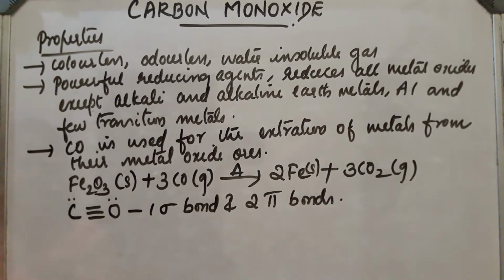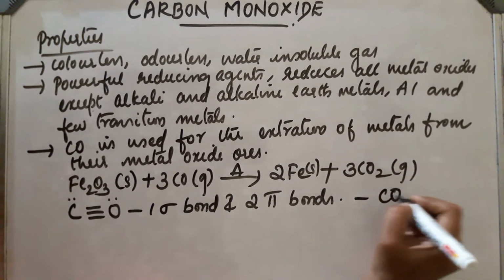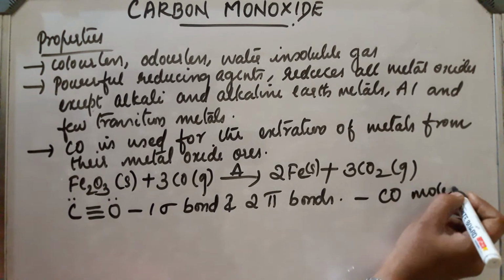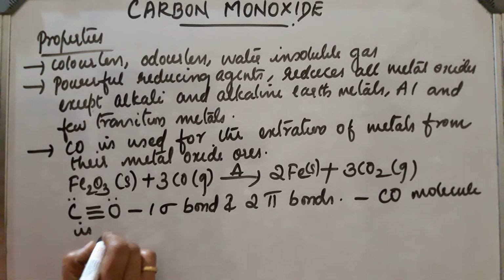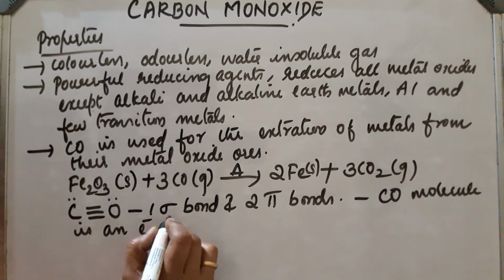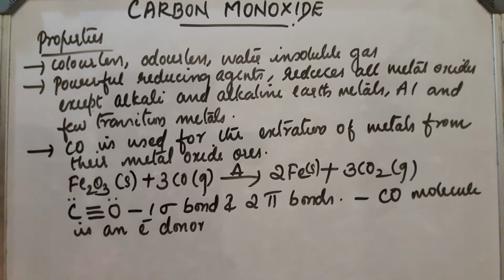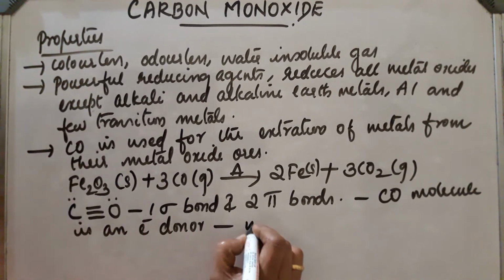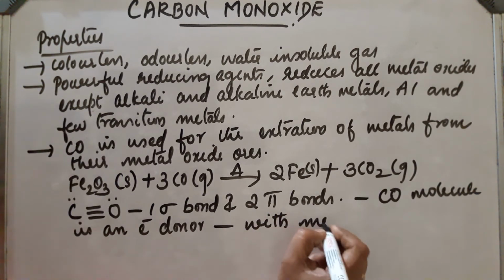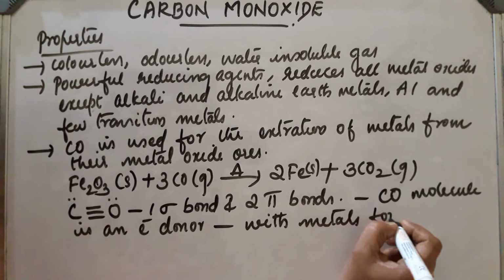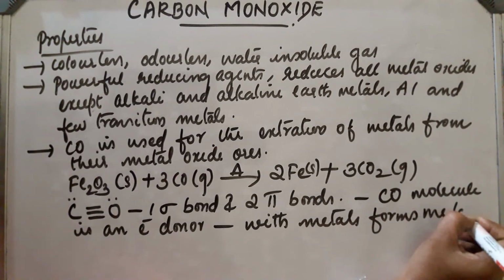Due to this lone pair of electrons, the carbon monoxide molecule is an electron donor, so it reacts with certain metals when heated and forms metal carbonyls.